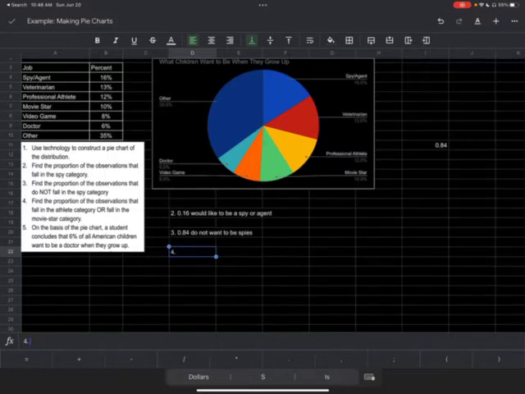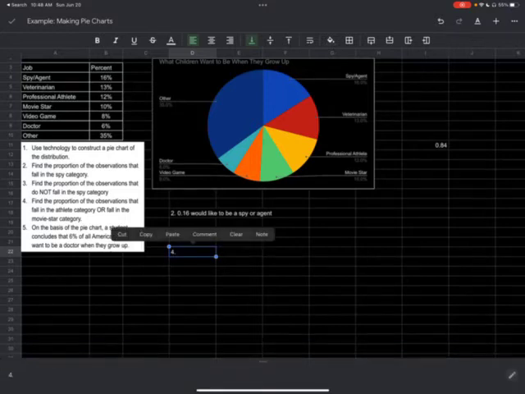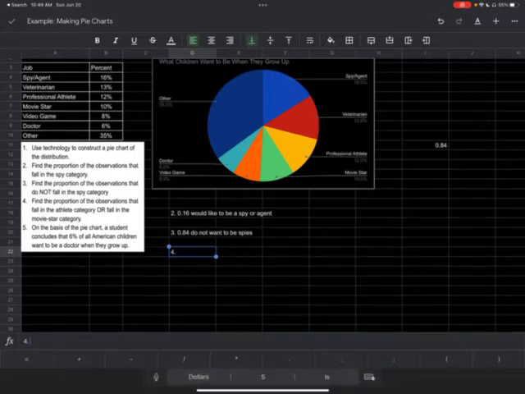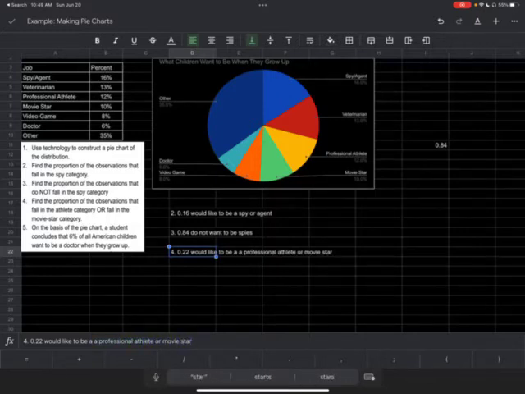And we want them to fall within that, so we just have to add the 12 and 10 together, giving us 22, or 0.22 as a proportion. So 0.22 would like to be a professional athlete or movie star. There we go.